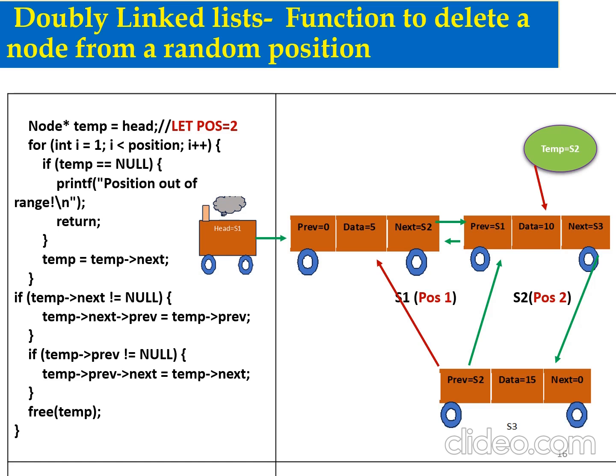They are actually written in either the previous node or the next node, that is, the previous compartment or next compartment. So this is temp of next, that is s3. That value is copied to this temp of previous of next. Okay, so now instead of s2 I will get s3 here, and then free temp. So this will delete this.